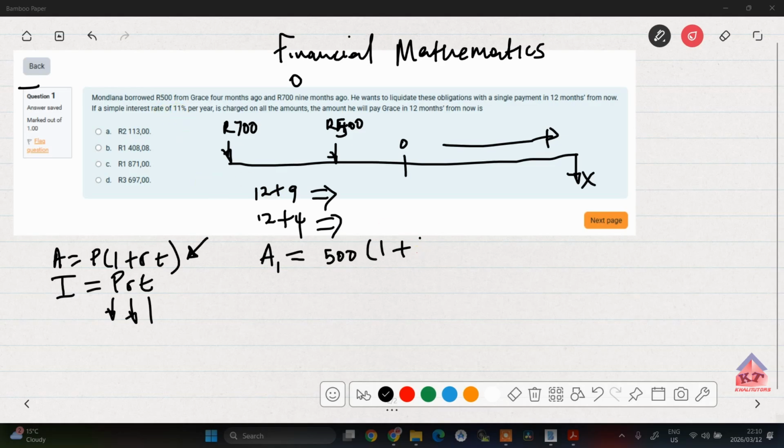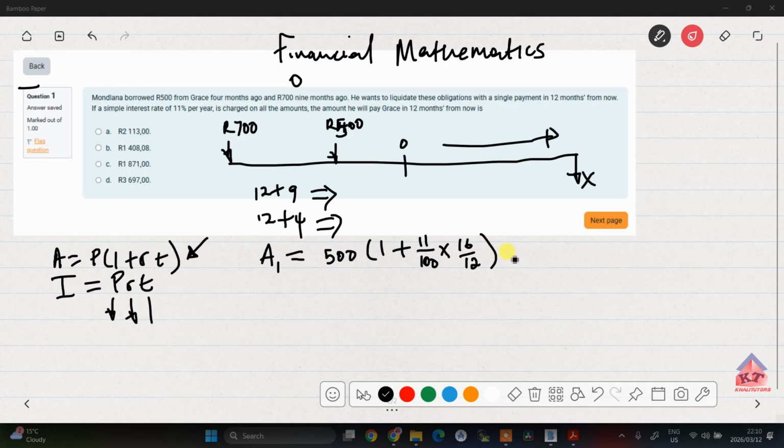I told you that you divide this by 100. For this one, I'm just going to show you how to do it. And then you multiply this by the number of years. The number of years in this case, for this 500, is going to be 16 months divided by 12. We are dividing by 12 to convert to the number of years. So 16 divided by 12.